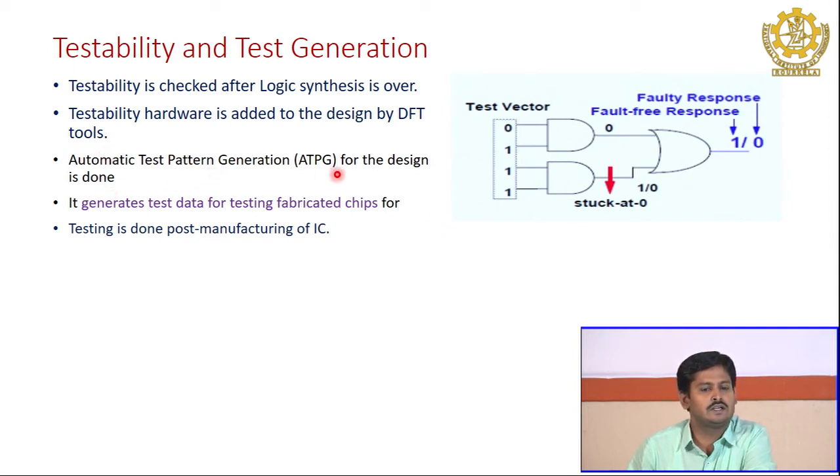Automatic test pattern generation, ATPG, for the design is done. That means automatic. So let's say you have designed a flip flop. You know how the flip flop will behave if it is not faulty. That behavior is represented by giving certain inputs and observing certain outputs.